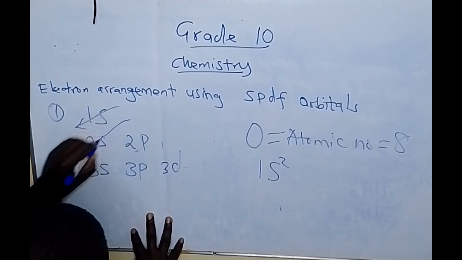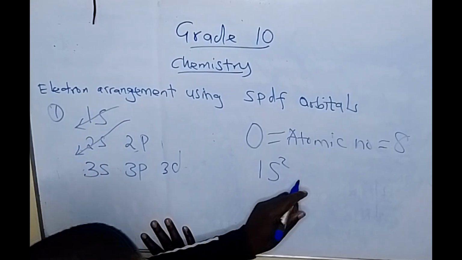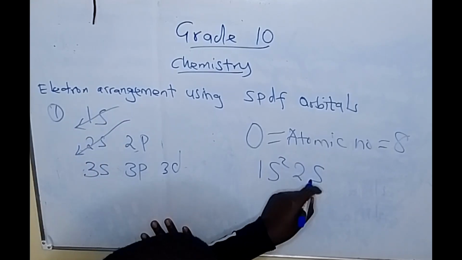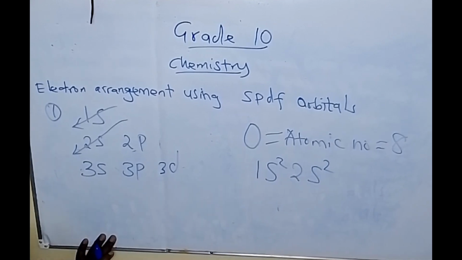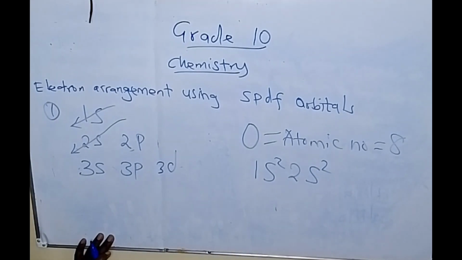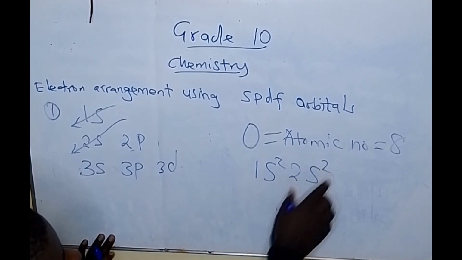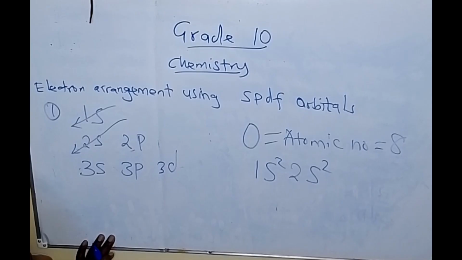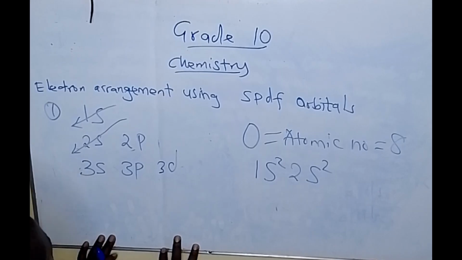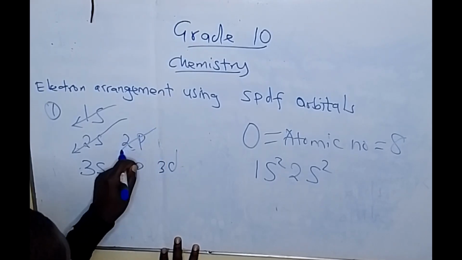After that, you move to 2s2, because s also accommodates 2 electrons. So how many electrons are remaining? 2 plus 2 is 4, and 8 minus 4, we are remaining with 4. So the next orbital we are moving to is 2p.